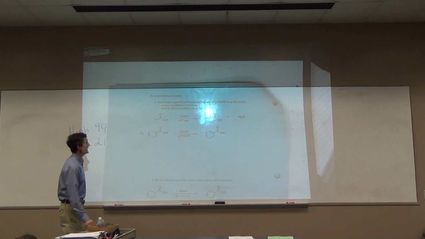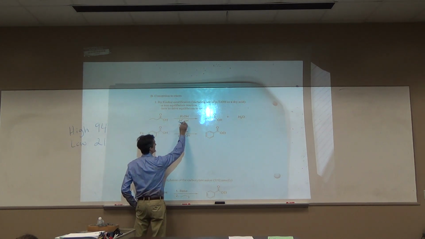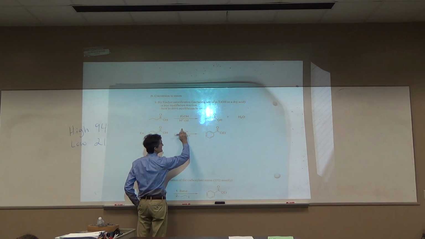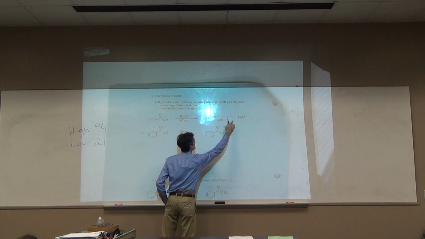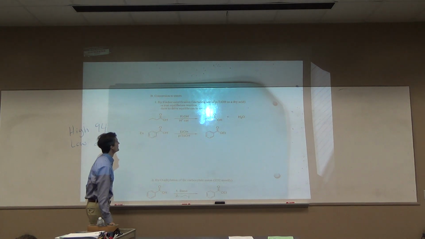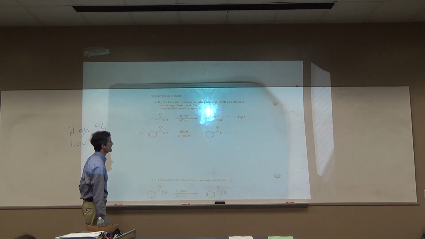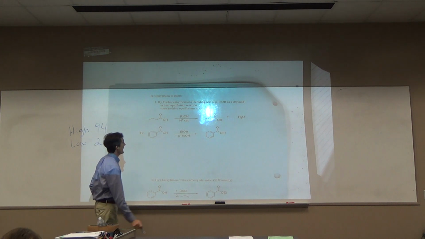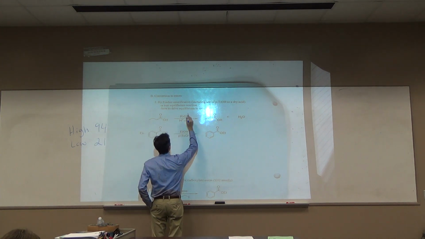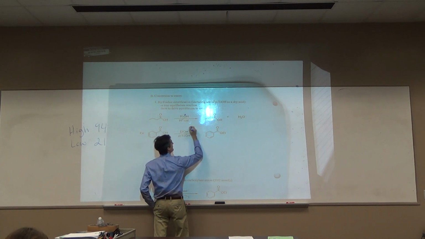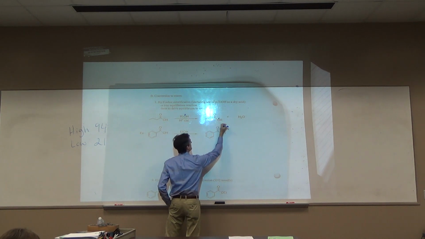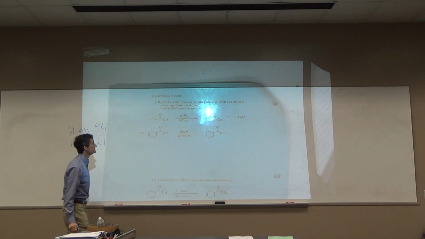Okay, Fischer esterification. If you take a carboxylic acid with an alcohol and H+ catalyst, you can get the ester plus water. And if you star the oxygen of the alcohol, it's now that.